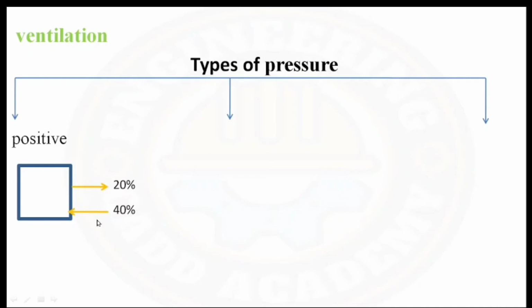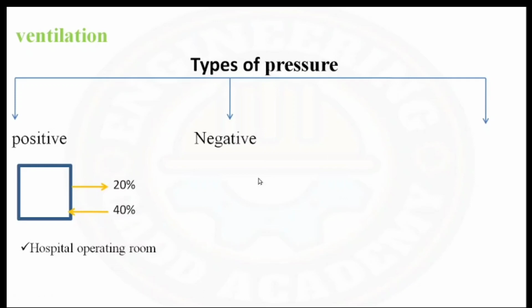If the supply air is more than the return air, that type of pressure is known as positive pressure. We use this positive pressure in hospital operating rooms. We will supply more and take return less. So try to understand where we will use positive pressure: where supply is more, return is less.